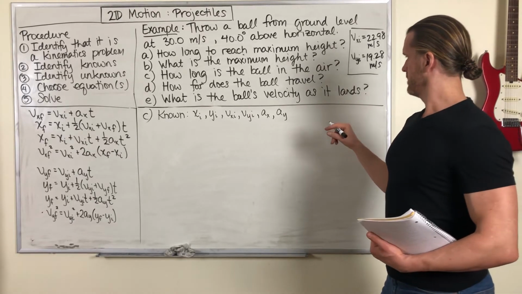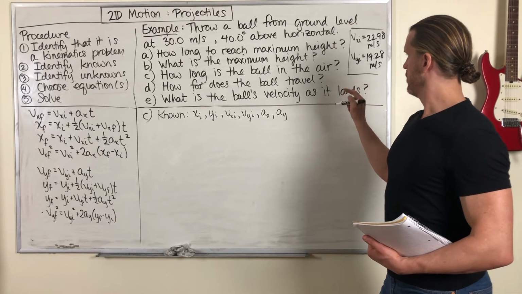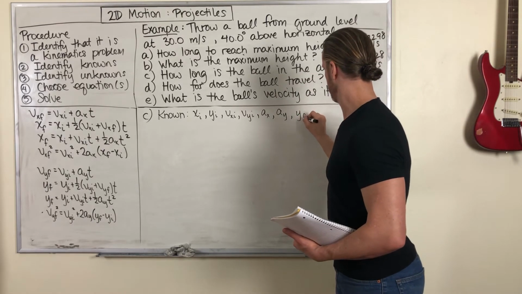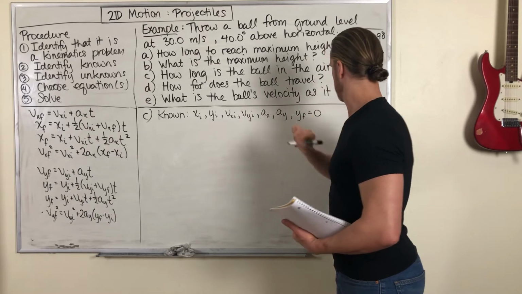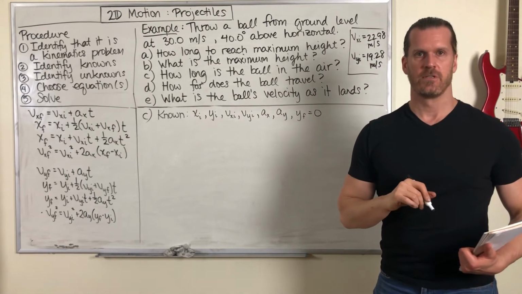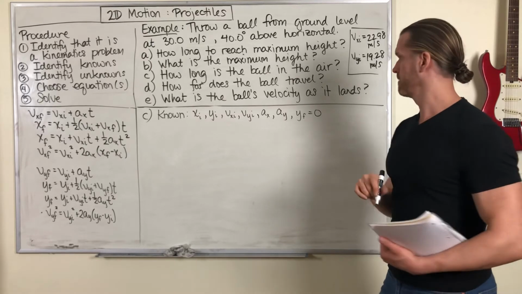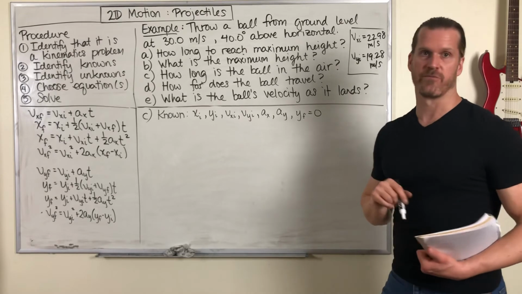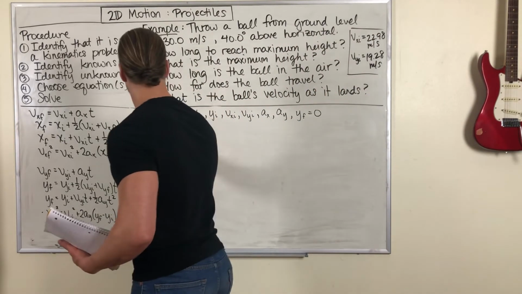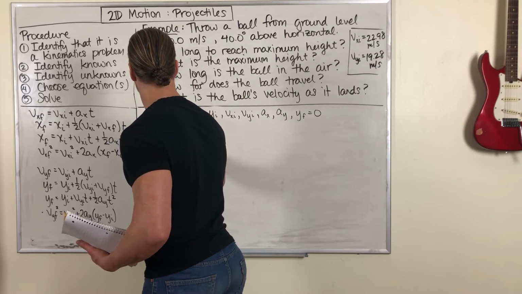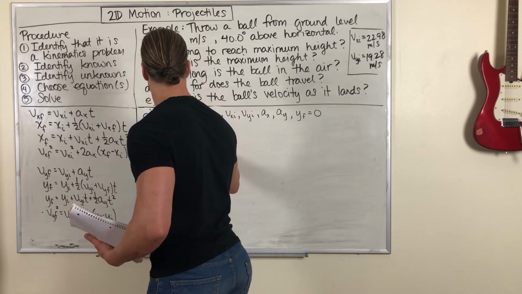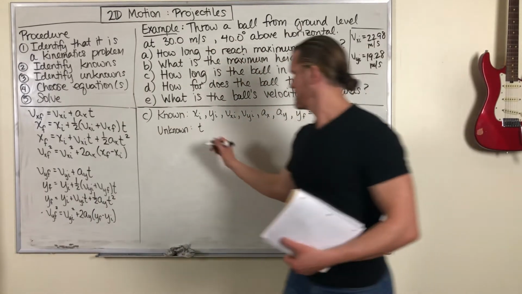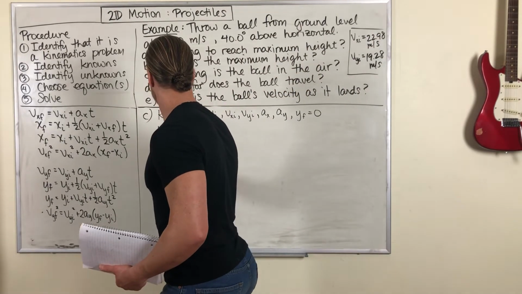And we also know Y final. Y final is 0. The ball has hit the ground. Okay, so that's our list of information. And what are we trying to find? The time. So let's use a good equation.